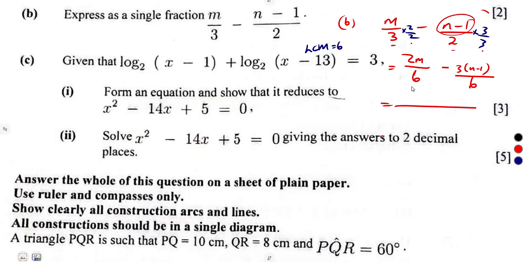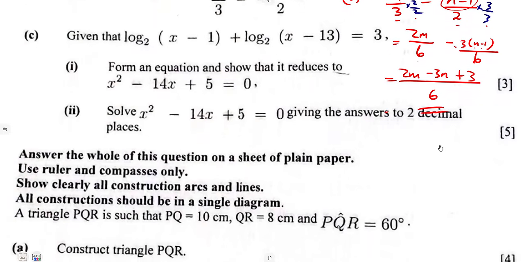As we can see that we have got the same denominators in this case, which is what? Which is 6. Simply combine the numerators together. So that's 2m minus 3 times n minus 3n minus 3 times minus 1 plus 3. So this is your final answer. As you can see, it is the same as before.